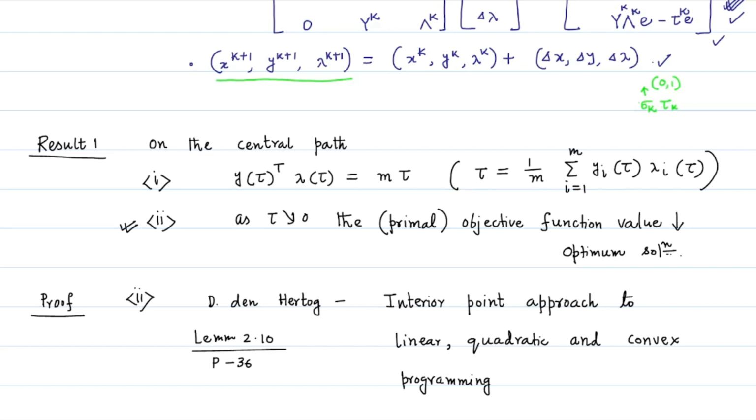And here there is a fascinating result: if the degradation of the sequence tau k satisfies a certain inequality, then we can prove that this process of finding the sequence xk, yk, and lambda k will take a number of iterations not more than a polynomial of the number of inequations to reach a KKT point of the given problem.